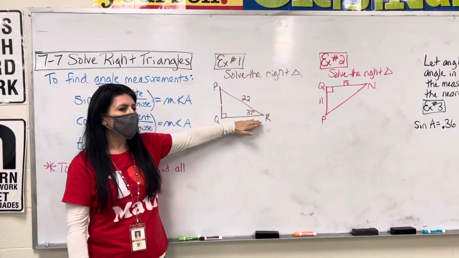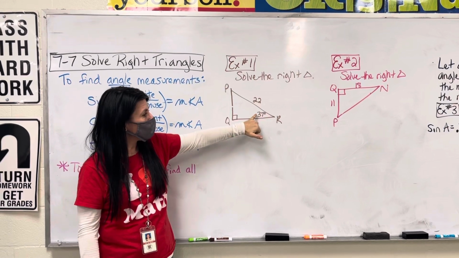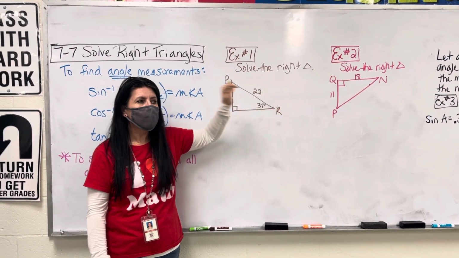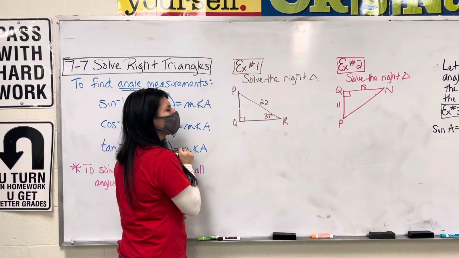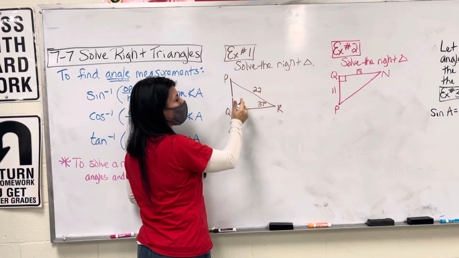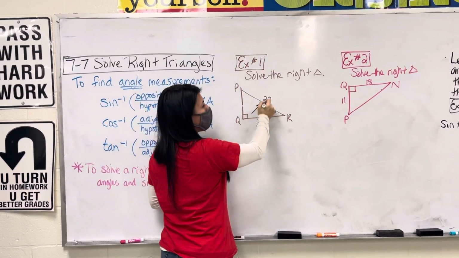Let's find QR first. What relationship can I use with this angle, to find QR, and use this side? Tangent? No, tangent would be this one and this one, because remember, this is the hypotenuse. If you're getting confused with hypotenuse, which happens quite a bit, I would label it as hypotenuse.